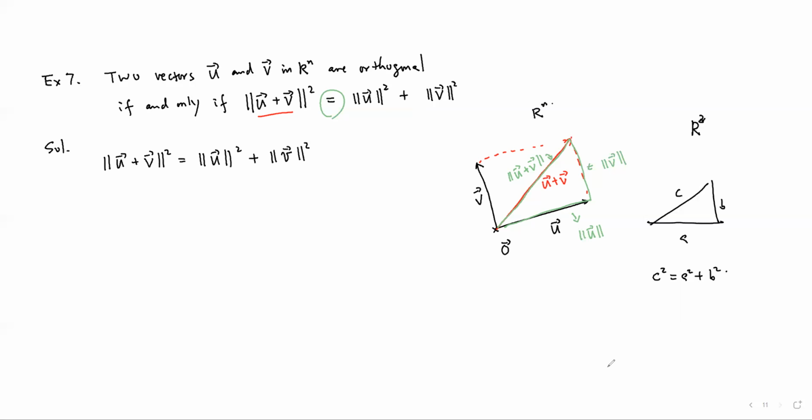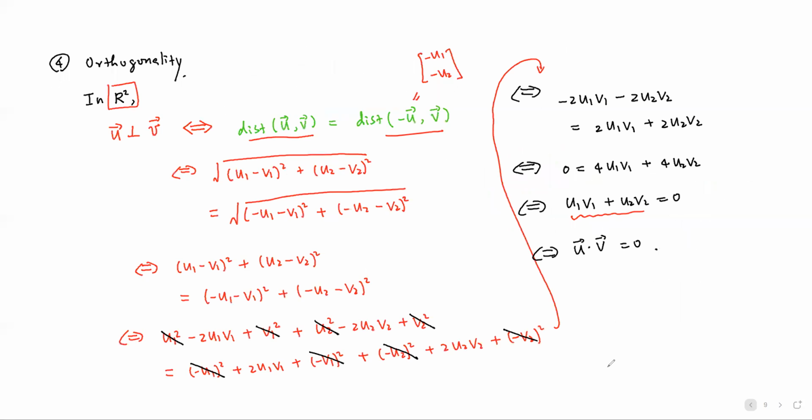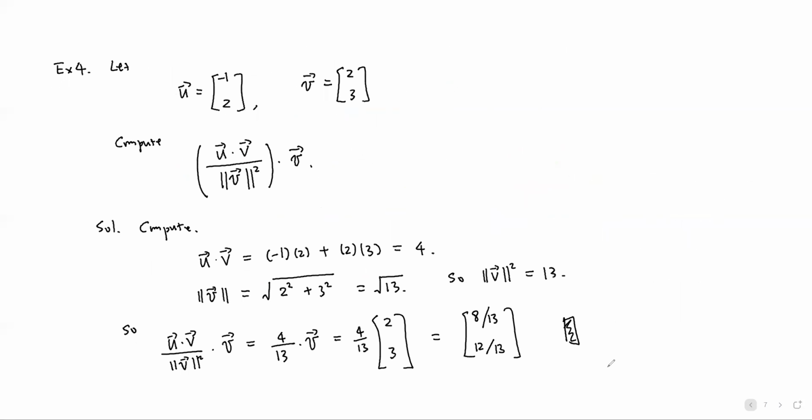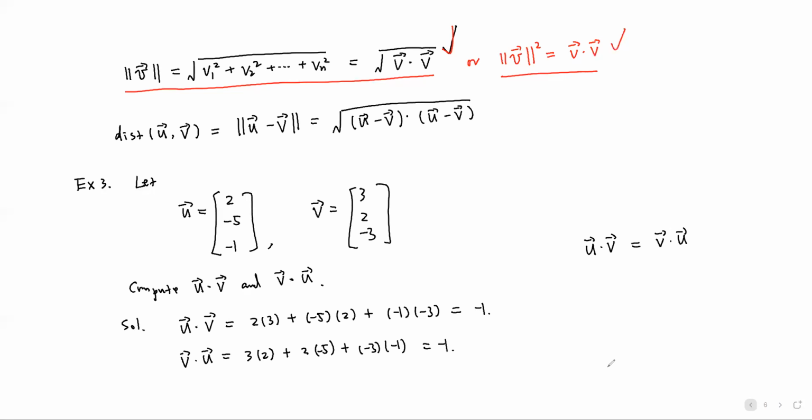I mentioned that we often use one formula: the length of a vector is the square root of the vector dot itself, or the same formula, the length squared is equal to the inner product of the vector with itself. We often use these two formulas, so keep them in mind.